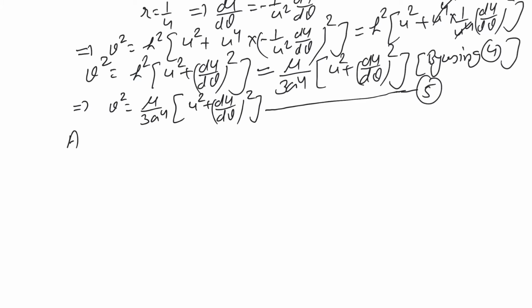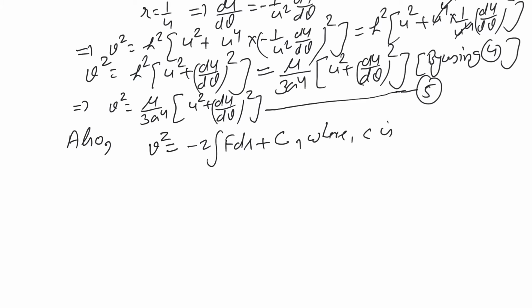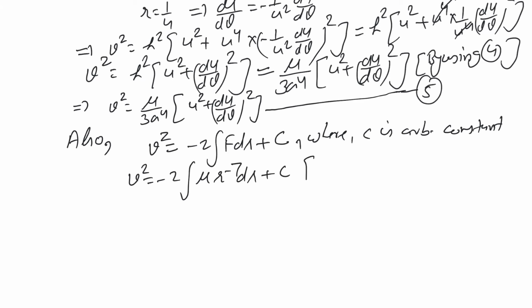Also we know that if force is known, because here the central force is known, again the expression for velocity is v square equals minus 2 integral f dr plus c, where c is an arbitrary constant. So this will be v square equals minus 2 integral of mu r raised to the power minus 7, because the central force is given here. So that is why we have used this particular formula also. Central force is r raised to the power minus 7.